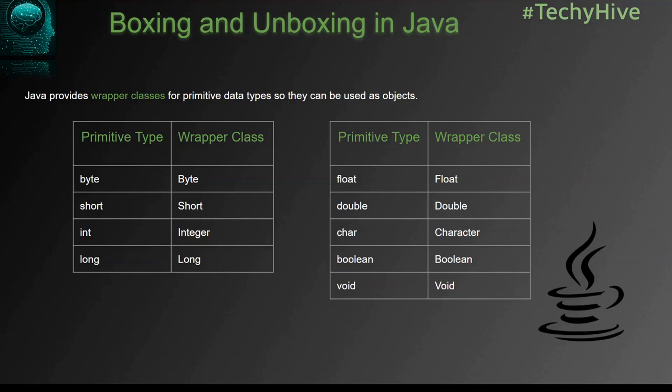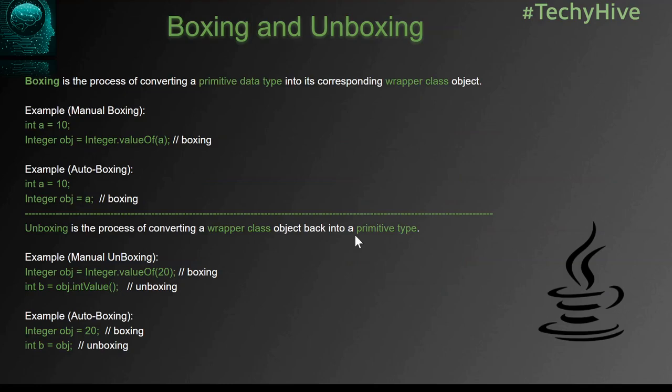Here is the list of primitive types and corresponding classes. The byte primitive type has the Byte wrapper class. Similarly, short, int to Integer, long, and so on. So remember, each primitive type in Java has its corresponding wrapper class.